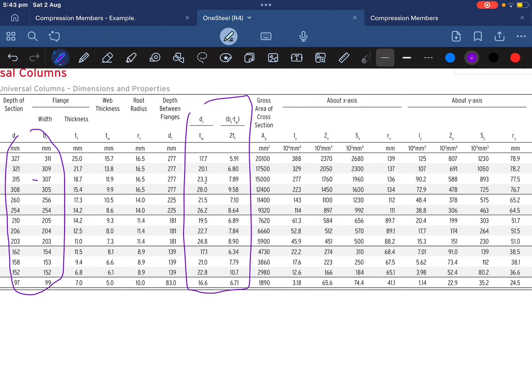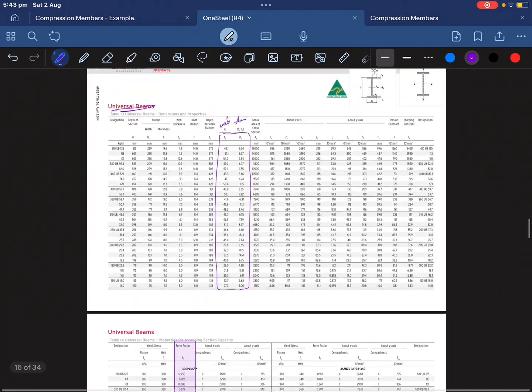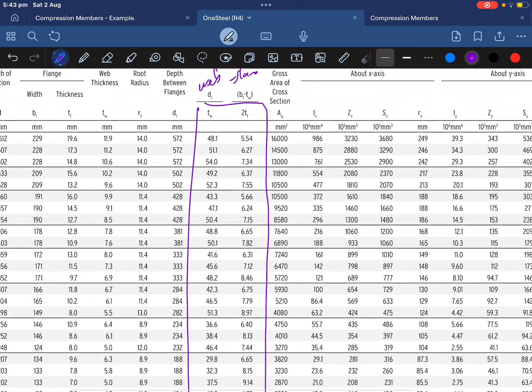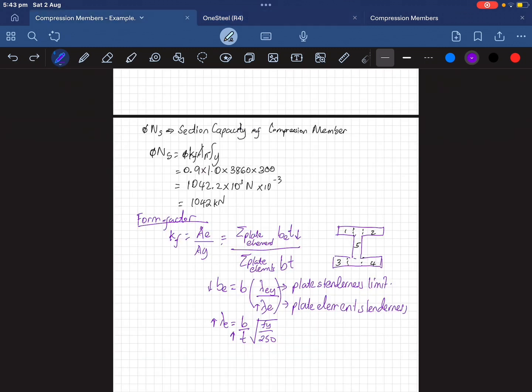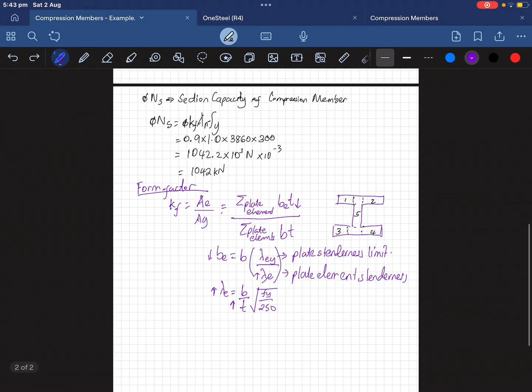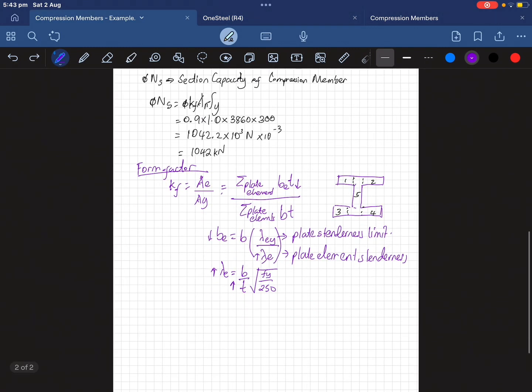Here the highest is 28, but here your highest is like 54, right? So that's why universal beams have reduced form factors, form factors less than 1, but universal columns have form factors equal to 1. Okay, so that's just something to keep in mind.